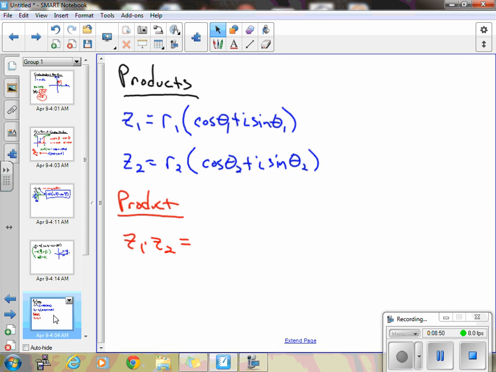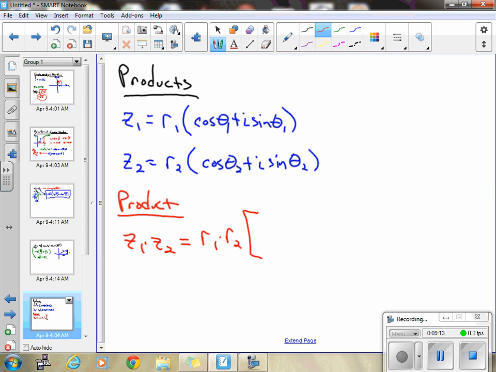We have a complex number z sub 1 given in polar form. It has a length of r sub 1 and an angle of theta sub 1. And z sub 2 is a different complex number. Its length is r sub 2 and its angle is theta sub 2. The formula for the product works as such: we take r sub 1 and r sub 2 and multiply those together.